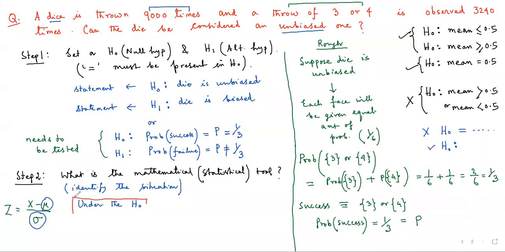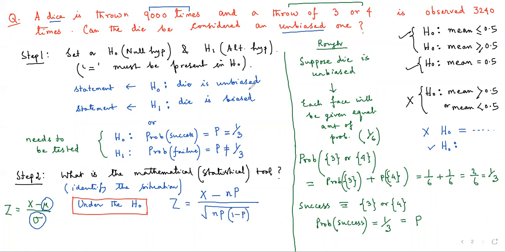Under the null hypothesis means considering the null hypothesis to be true, we are going to apply the formula capital Z, a standard normal variable, given by x minus mu by sigma, where mu is the number of times the experiment is performed multiplied by the probability of success, divided by the square root of n times capital P times 1 minus capital P.